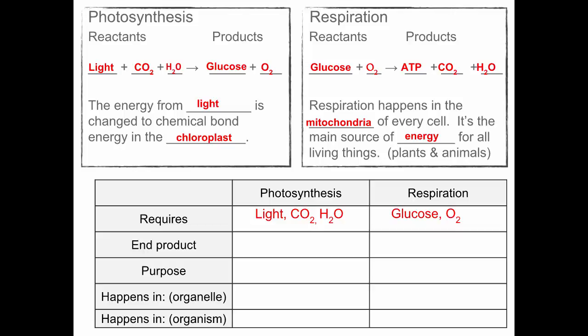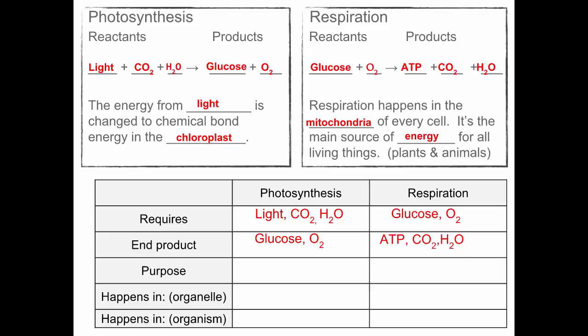What about the end products, the things that are produced in photosynthesis? Carter? Glucose and oxygen. How about respiration? Brian? ATP, water, and carbon dioxide. Those are the products of respiration. The purpose.